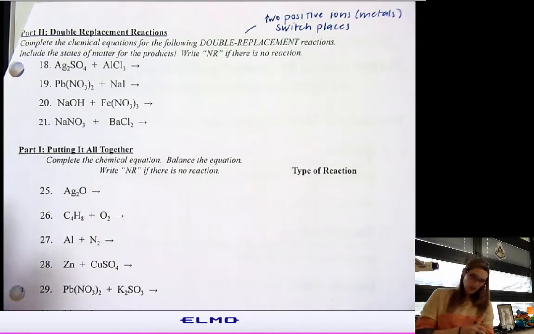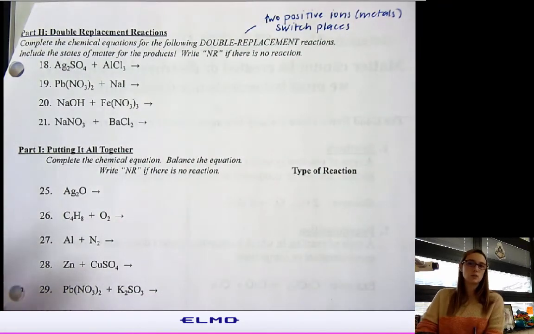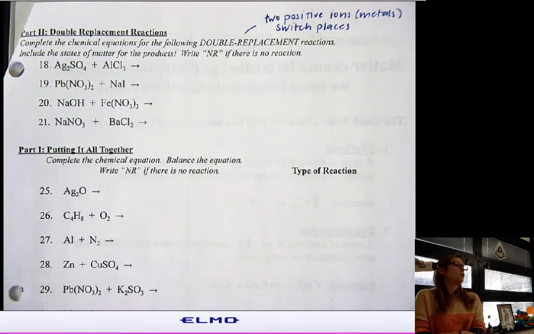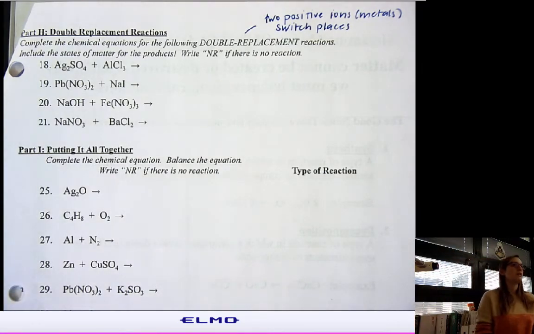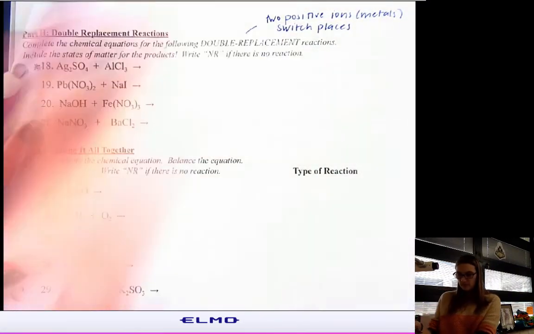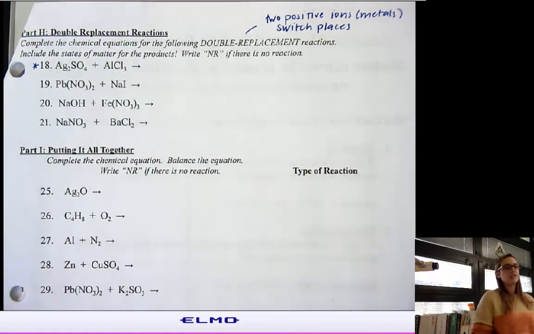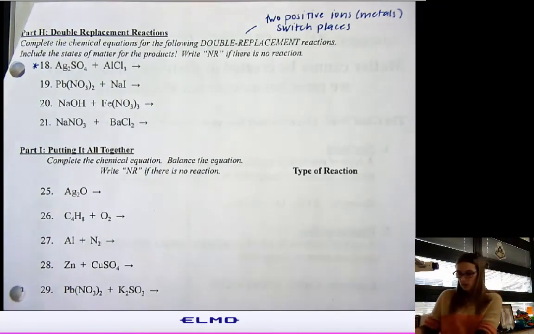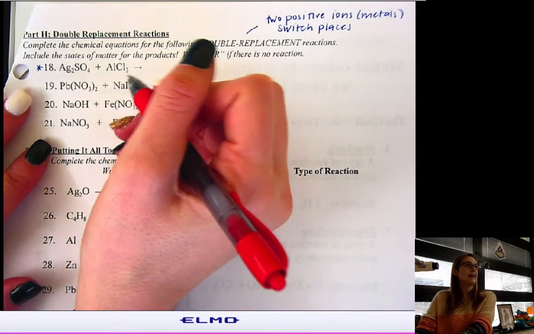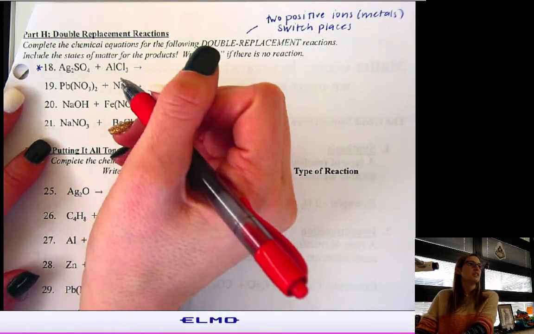Two positive ions that are in compounds will switch places. Now again, crisscross charges when you form something new, everything that we've been talking about. So if we take a look at 18, if you say, how do I know that this is double replacement? When you have two full compounds, two full ionic compounds, that tells us that it's double replacement.